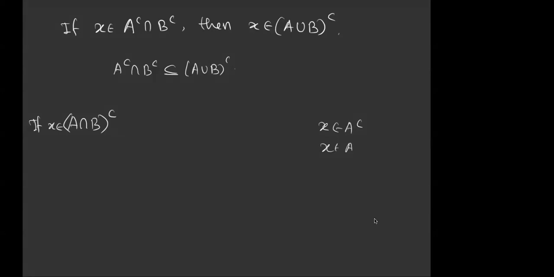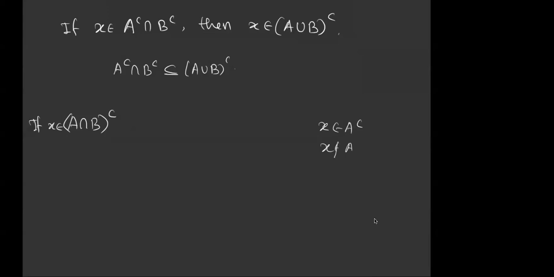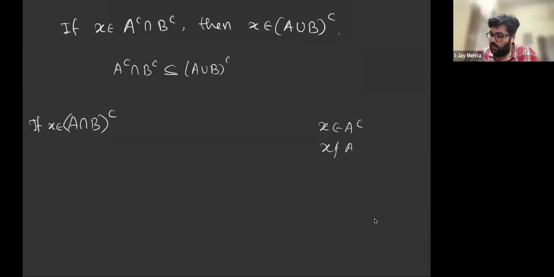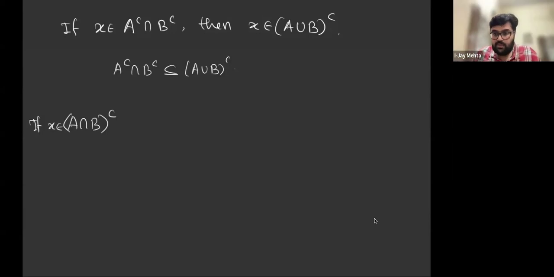X is not in A, right? So if something is in the complement, then it cannot be in the set. Is it clear? Now tell, if some X is in the A intersection B complement, then what can you say? X is not in A and not in B. No, it's not that.